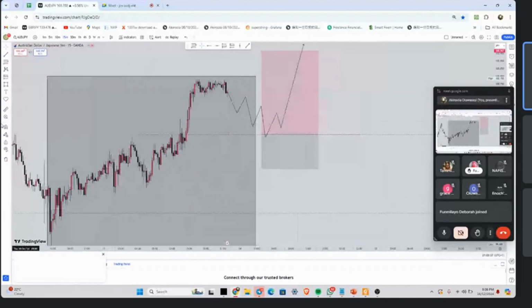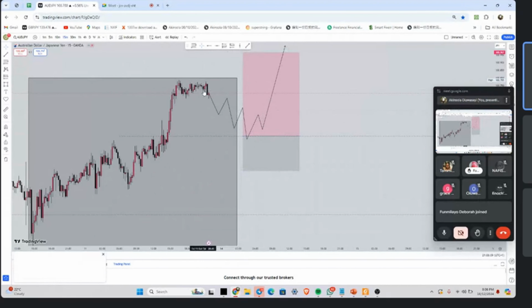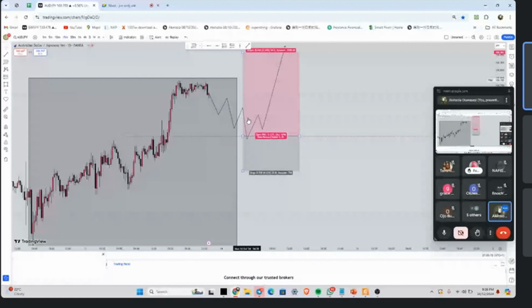Whenever you want to identify a bullish market, see what I drew here. But there's one thing you should take note of. It's possible for you to have a bearish market inside of a bullish market. All you have to do is be able to track the right market movements.